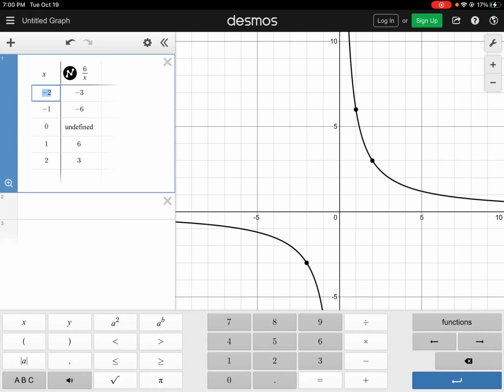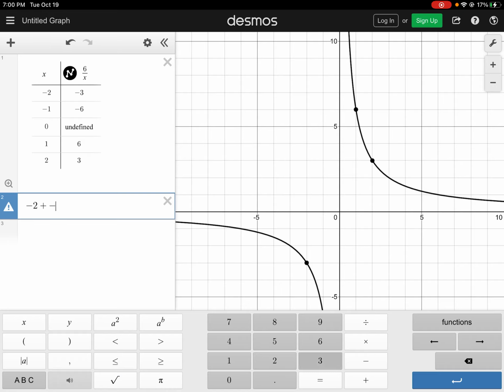So we want 2 numbers that multiply to give us positive 6, but also add to give us positive 5. Even if you don't know where to start, just take the first 2. We already know they multiply to positive 6 because the table has figured that out. Then drop down to the next box and do -2 plus -3 and see if you get positive 5.